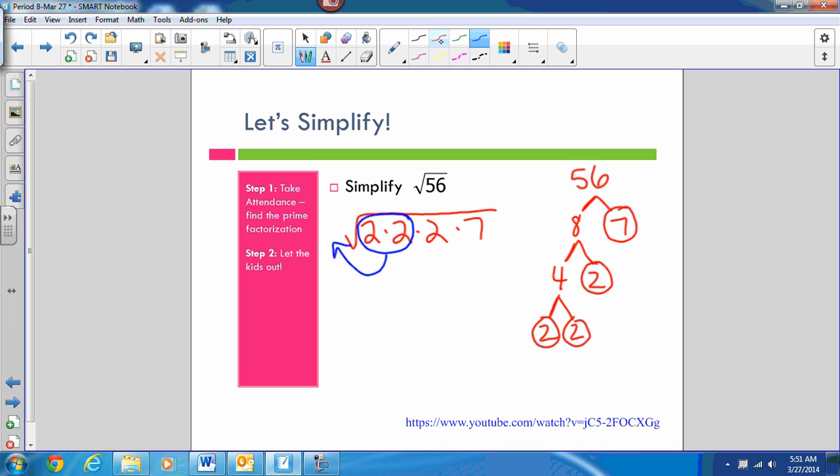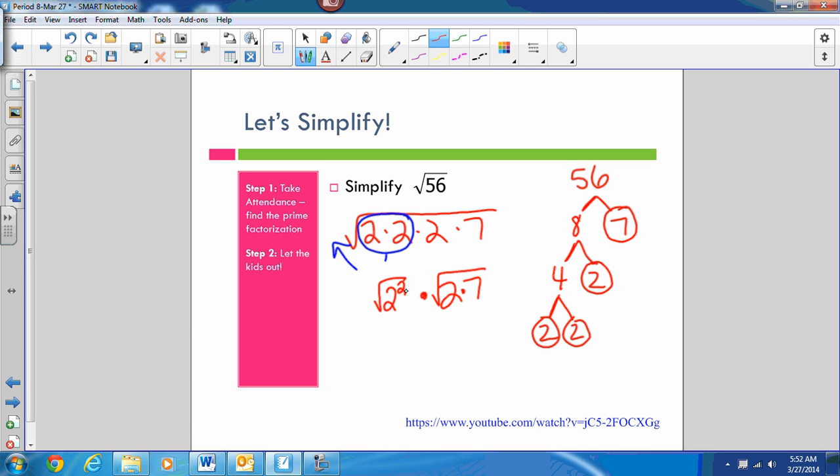Now, what is that actually saying? Well, if I break it down in a different way, what this actually means is 2 times 2, right? So we can look at it a couple ways: the square root of 2 squared times the square root of 2 times 7, right?